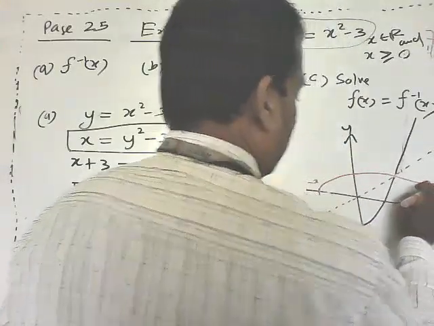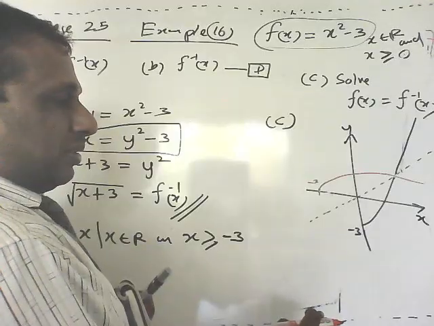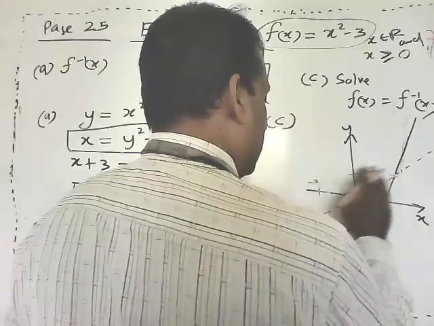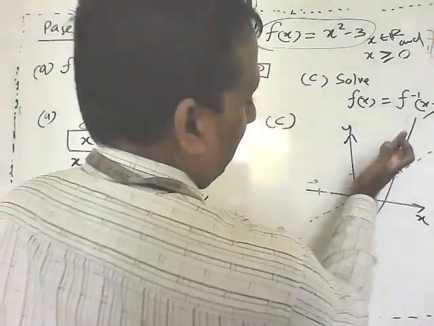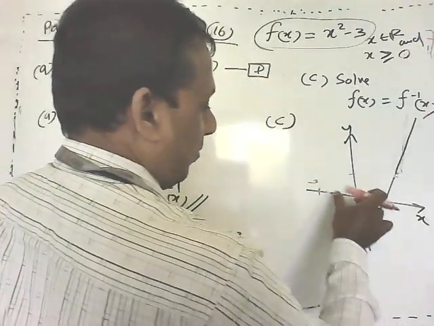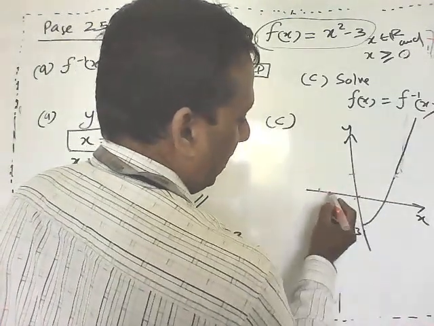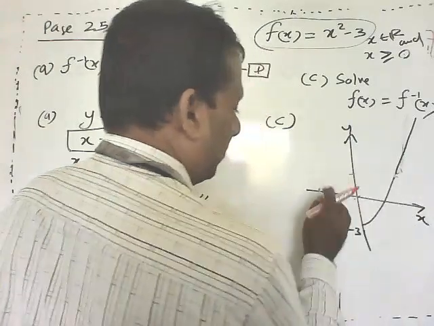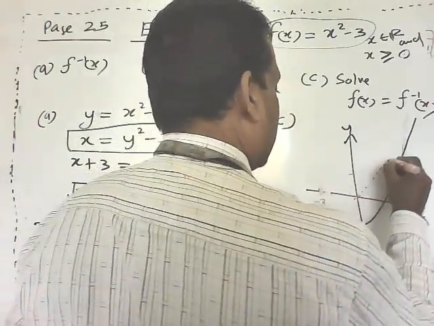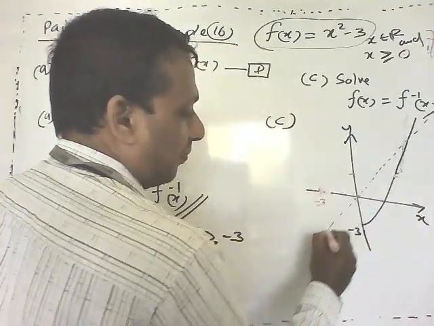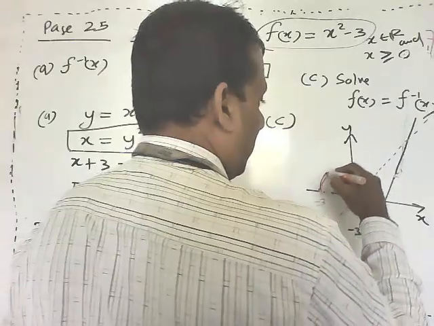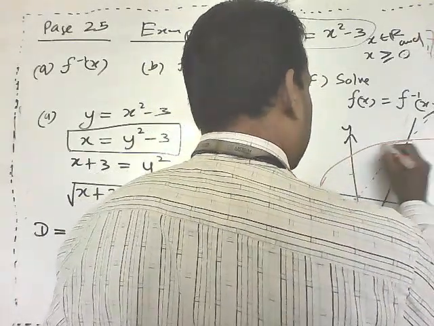This one should go a little up, otherwise it won't be nice. This one also on x minus 3, we will bring it here, and y equals x is like this. And it is a parabola, it will go like this.